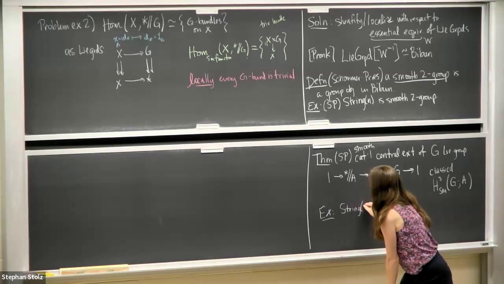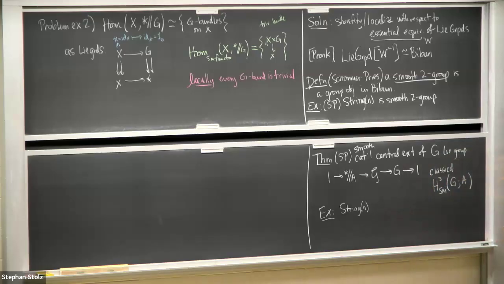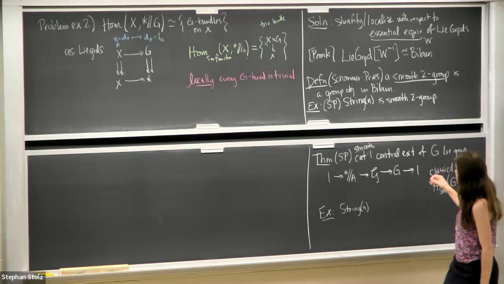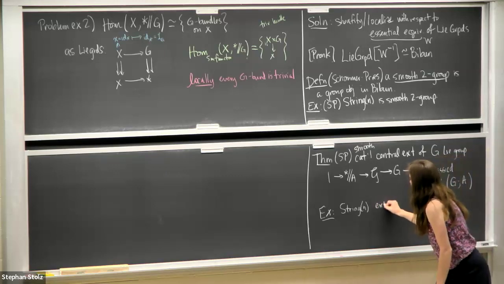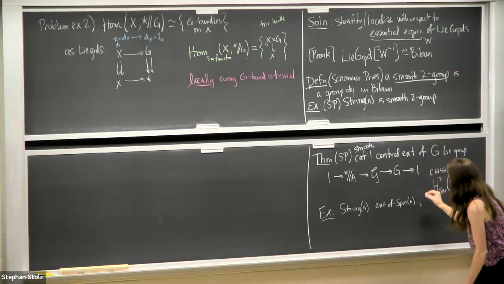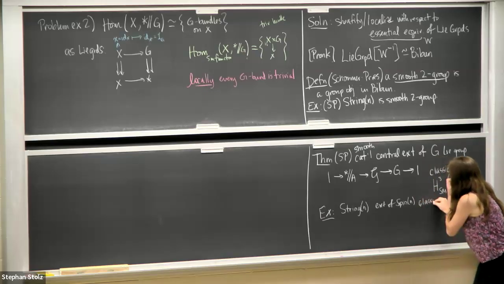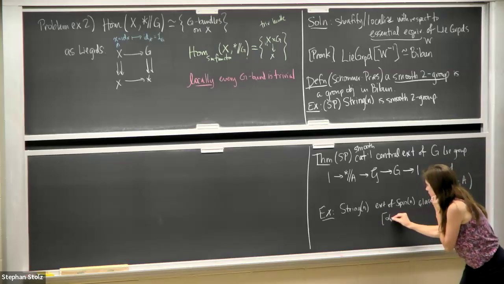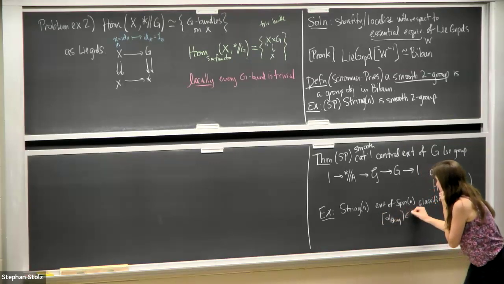In terms of this model for the string group as a finite dimensional but smooth two-group, it would be the central extension of Spin(n) classified by the generator in this.